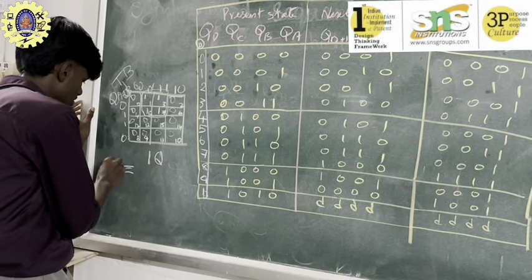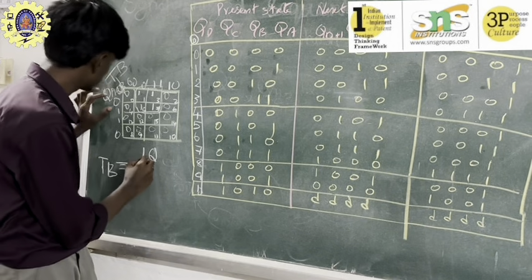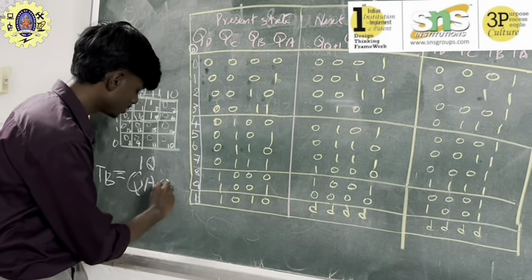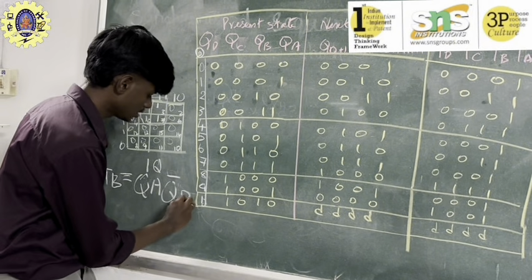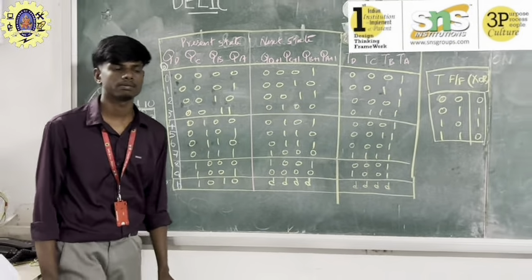The common values are QA and Q bar D. This product is TB.